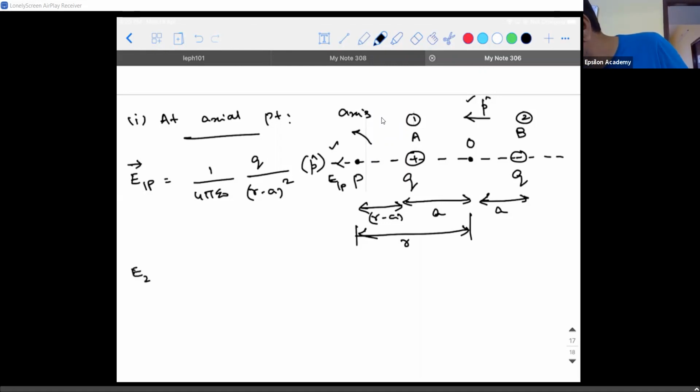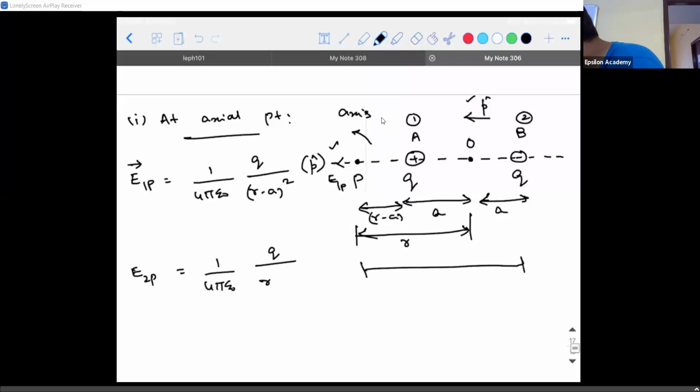Similarly, the electric field due to the second charge at point P is 1 divided by 4 pi epsilon naught into Q divided by R. What is this distance? It is R plus A. Don't make the mistake of writing R plus 2A, because R is from the center. R plus A the whole square.